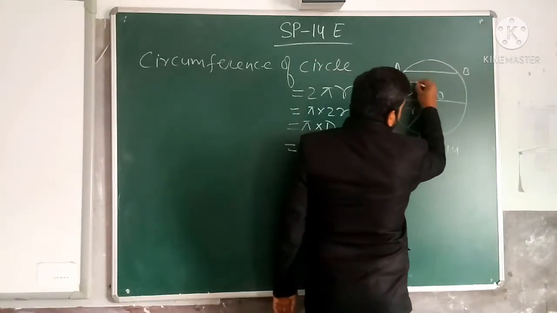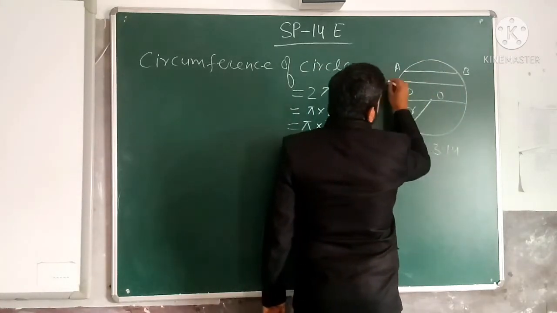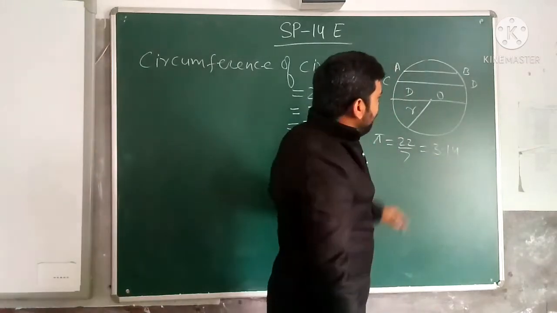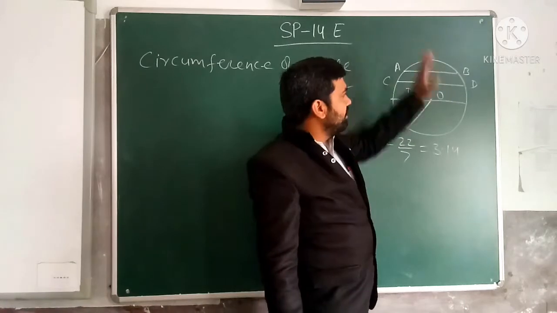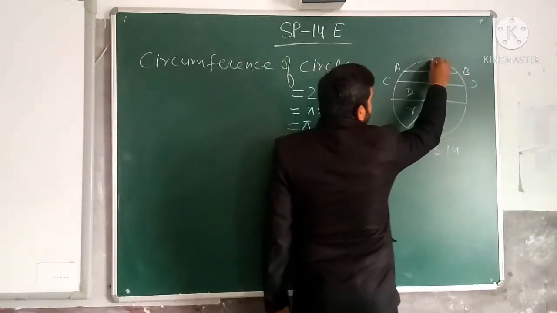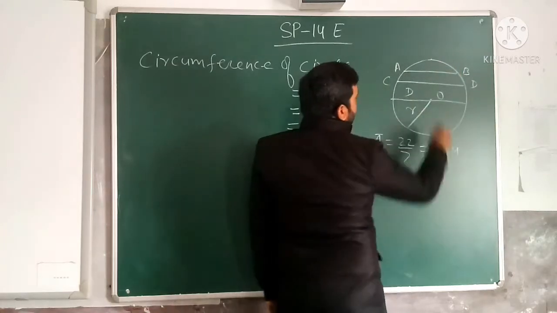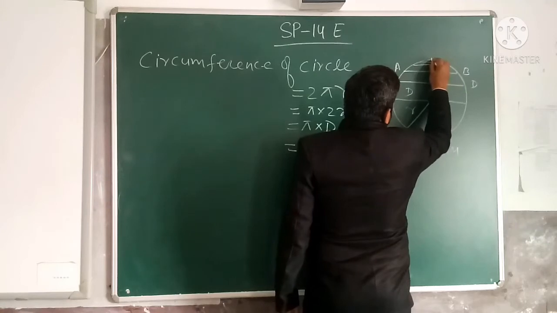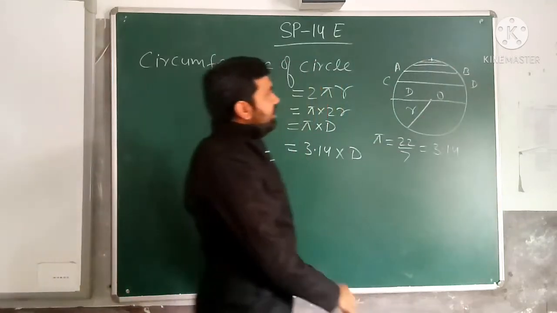Another chord, CD, has more length. As you move away from the center, the chord length will decrease, and at the end, at the pole, it will become a point.